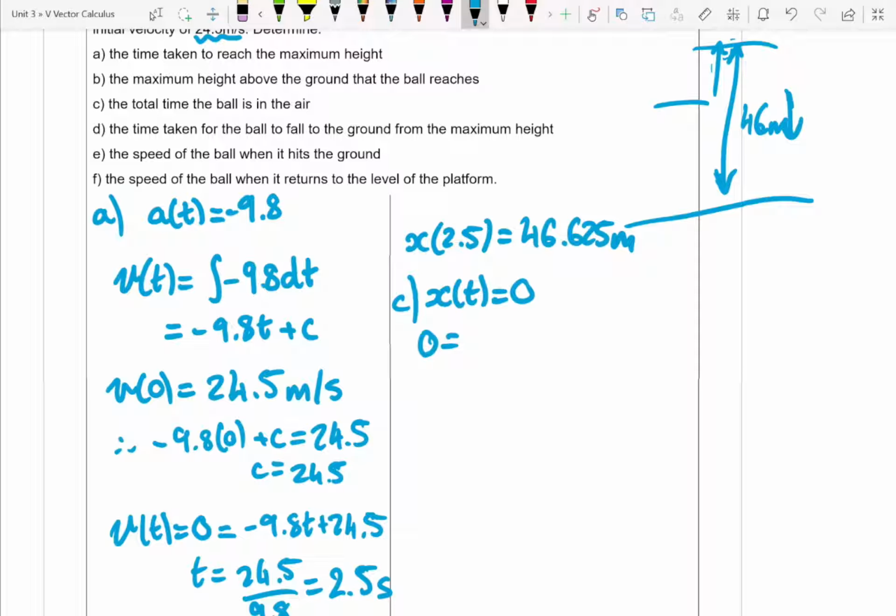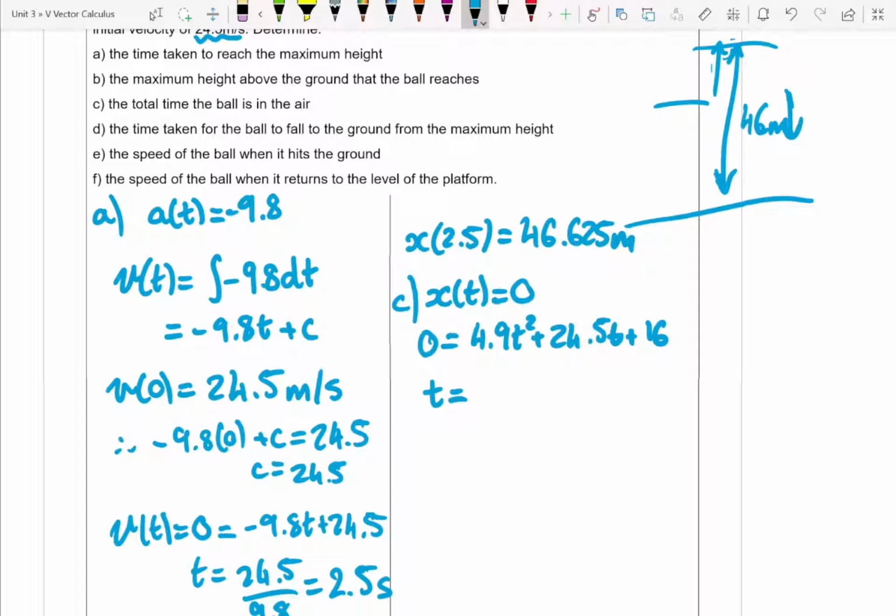So that's going to be negative 4.9 t squared plus 24.5 t plus 16. And so I don't think that this is factorizable because we've got non-integer and not easily put into fractions a, b, and c components. So I'm just going to use the quadratic formula.